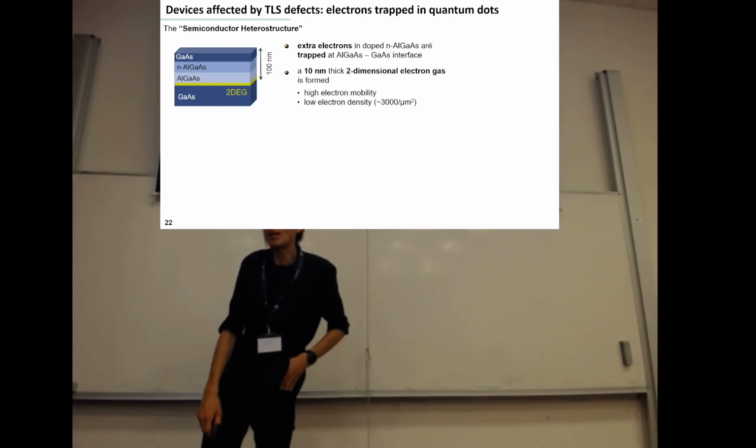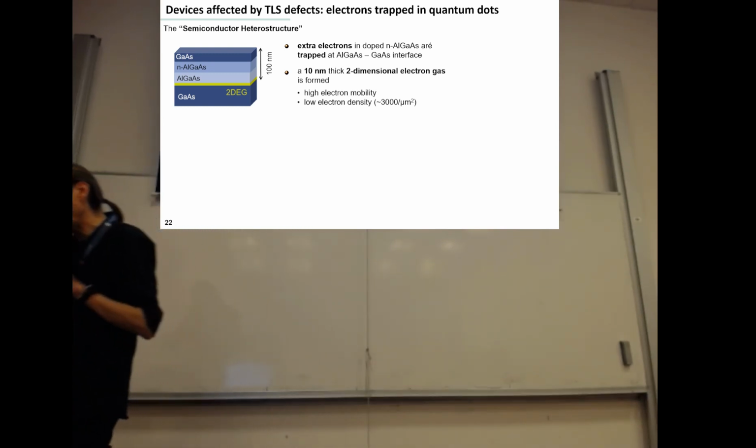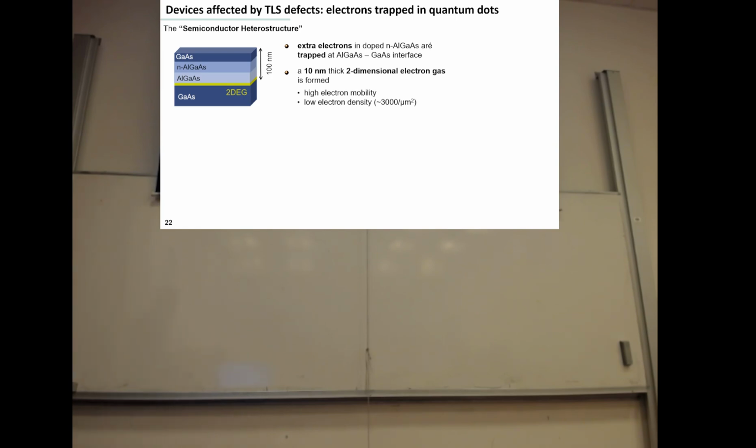So there's another version of how people try to make solid-state quantum computers. This is so-called quantum dots, or semiconductor quantum dots. Here you can make a stack of semiconductors which have different doping, like gallium arsenide, indium gallium arsenide, or aluminum gallium arsenide.